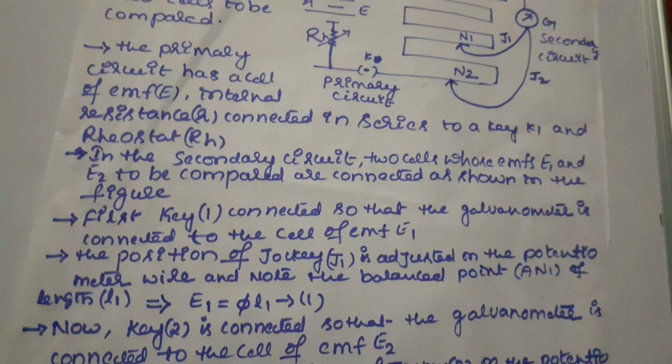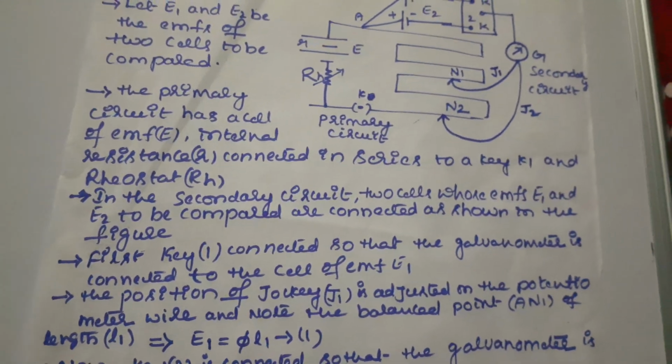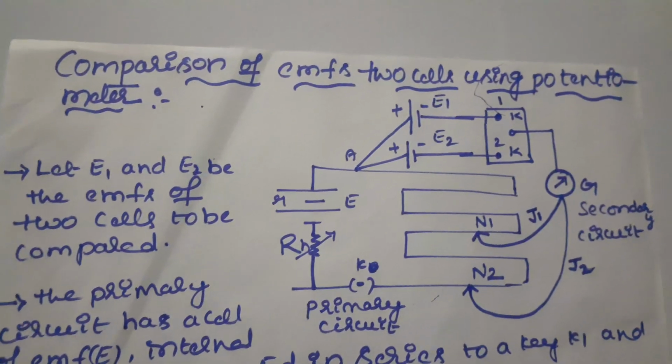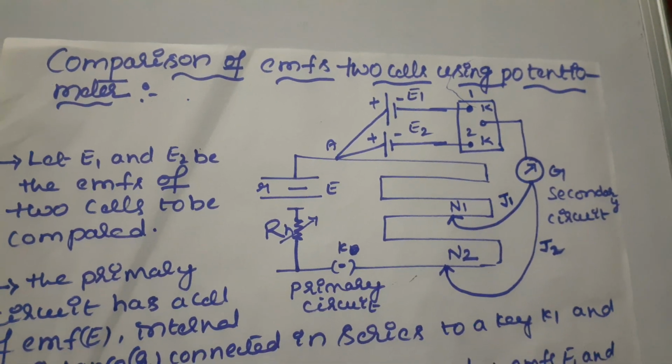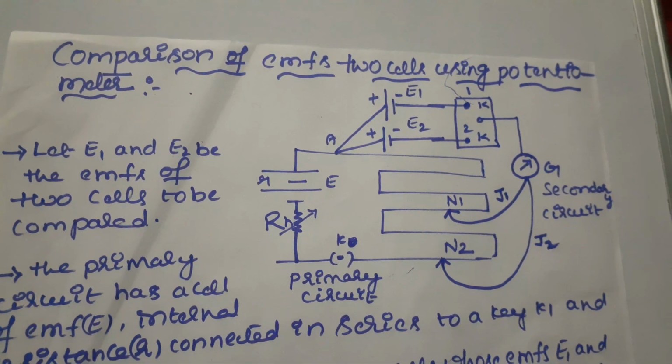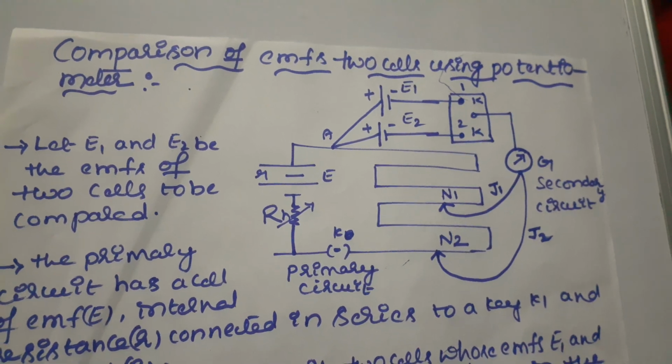Now first, key 1 is connected, that is, the cell having EMF E1 is connected to the galvanometer.